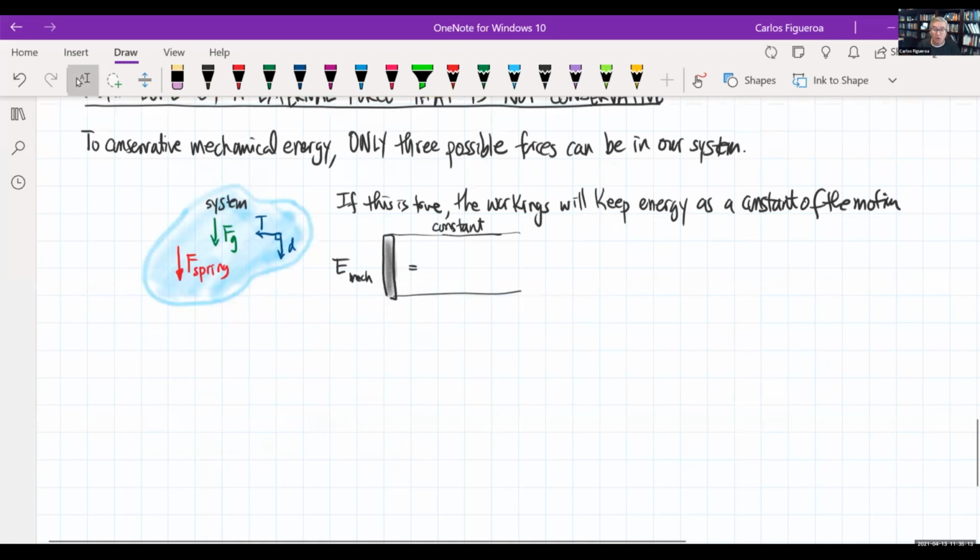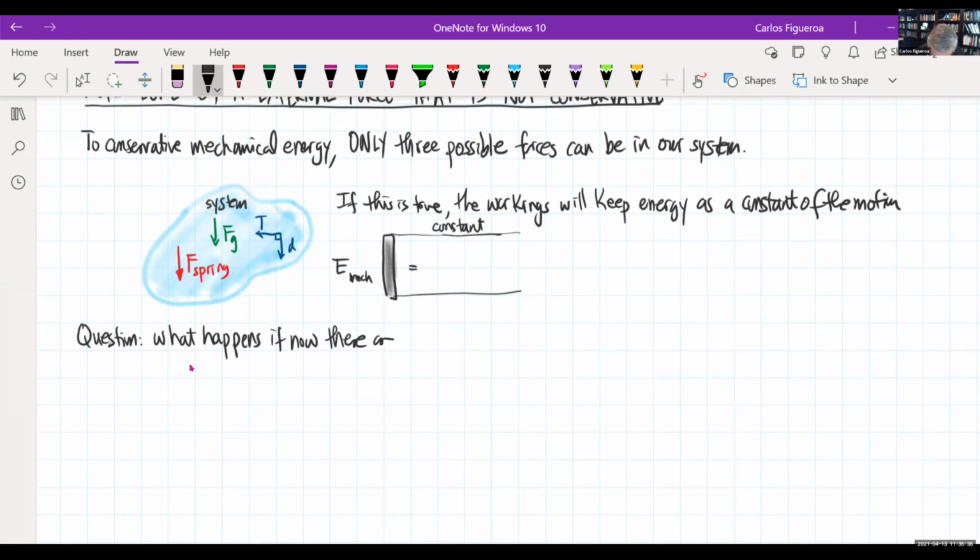The question is, what happens if there are now external forces acting on the system? What happens if now there are external forces working on a system?